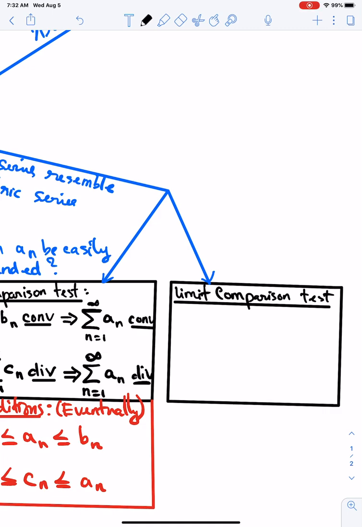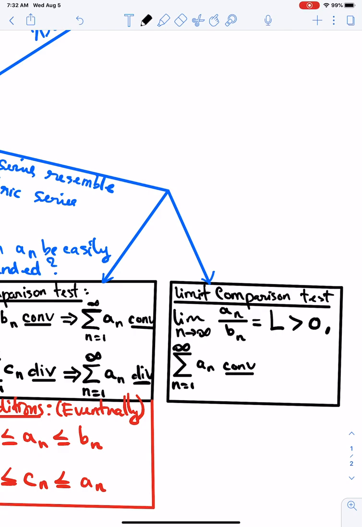So what is the limit comparison test? You take the limit as n goes to infinity of the ratio a sub n over b sub n, and say it equals some number L bigger than 0. If this happens, it forces the following: if the infinite series of a sub n is convergent, then b sub n has to be convergent as well.